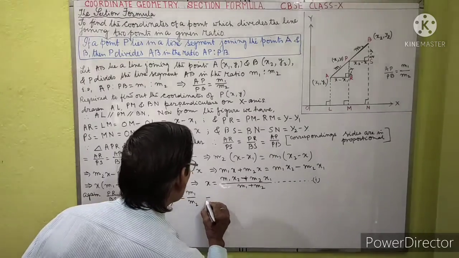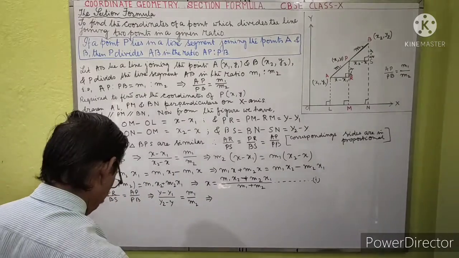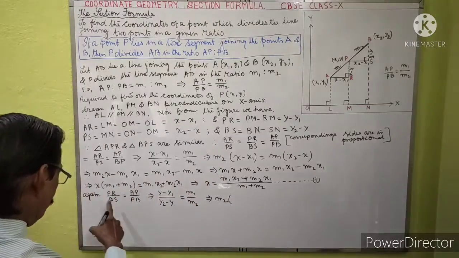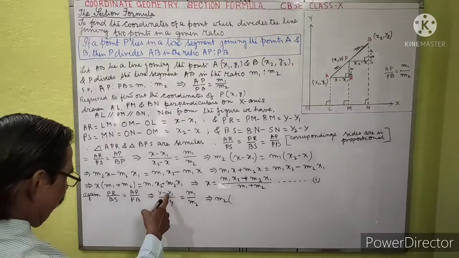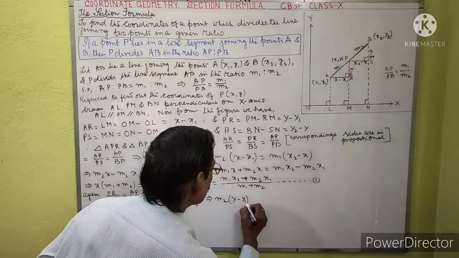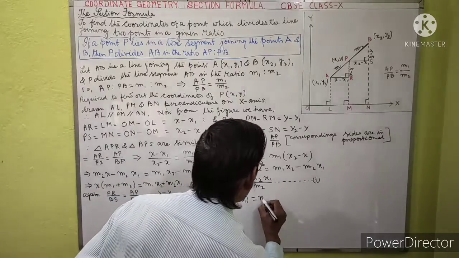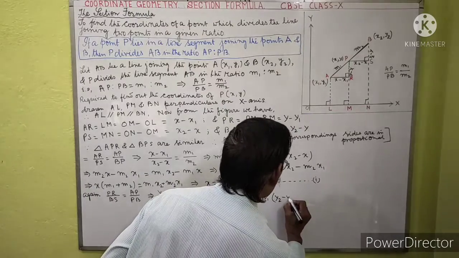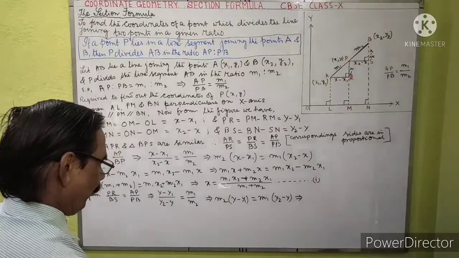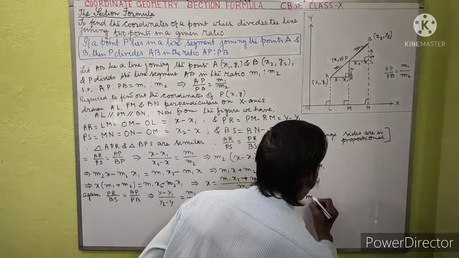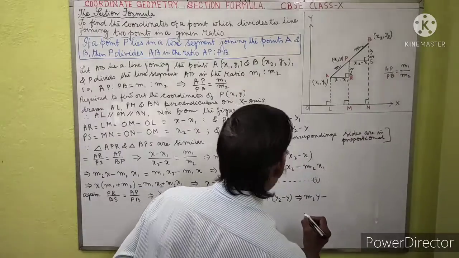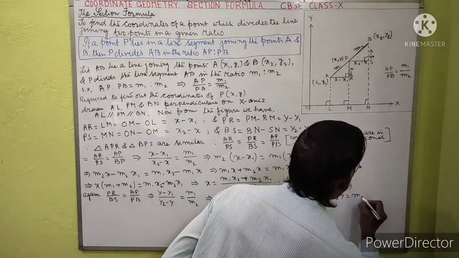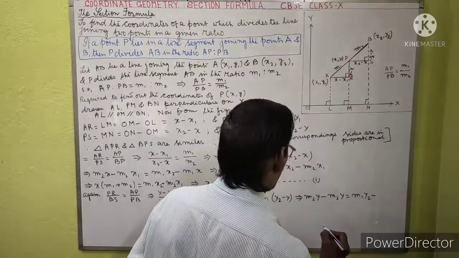Or M2 times (y minus y1) is equal to M1 times (y2 minus y), or M2 y minus M2 y1 is equal to M1 y2 minus M1 y.